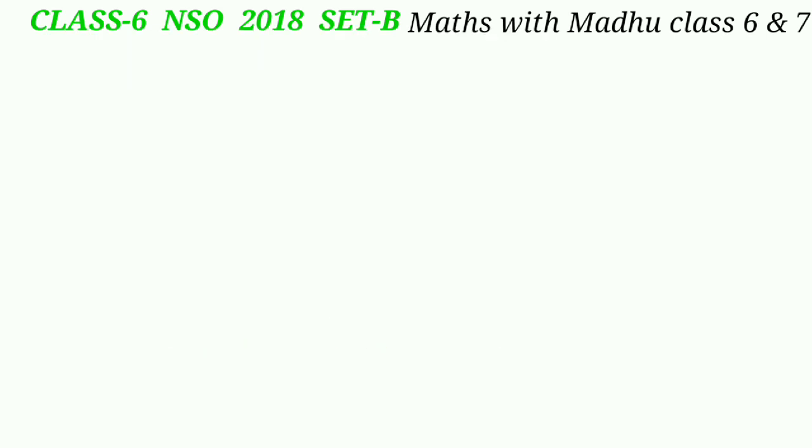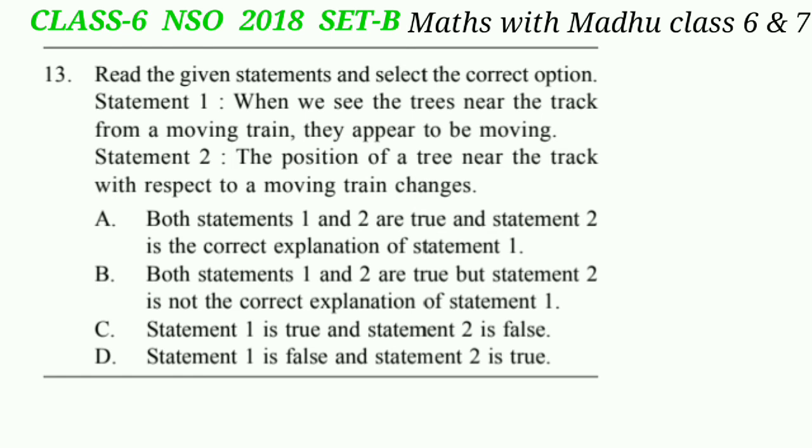Now question 13. Read the given statements and select the correct option. Statement 1. When we see the trees near the track from a moving train, they appear to be moving. This statement is true. Now statement 2.